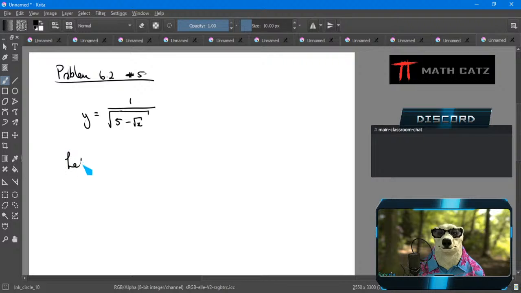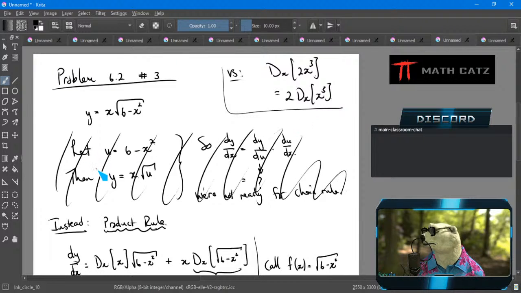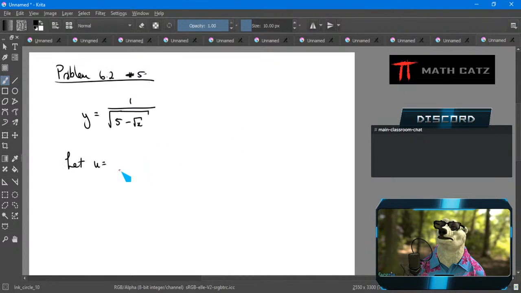Let's give it a shot, because previously we tried it and we saw the trouble that we ran into. There was a mix of x and u's in my outside function, sort of stopping me. Then I could go back and say, okay, let's rethink this. That's fine. There's no harm in that.